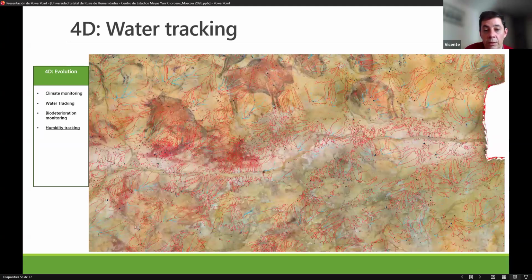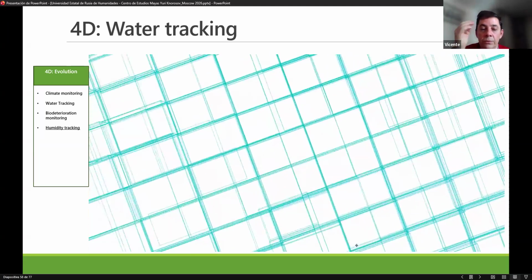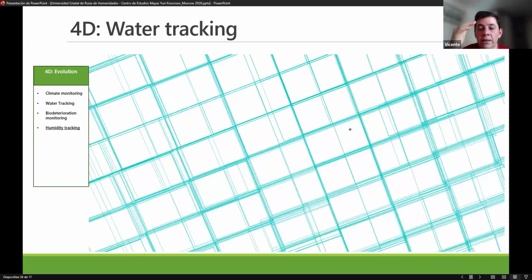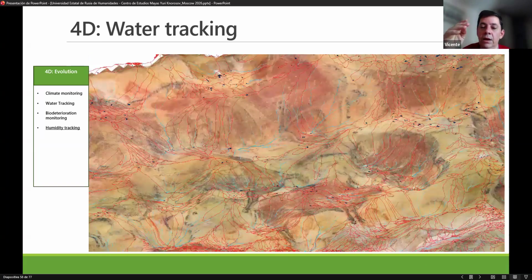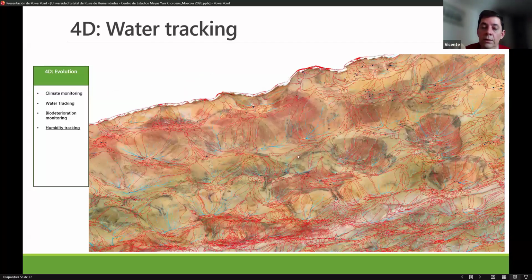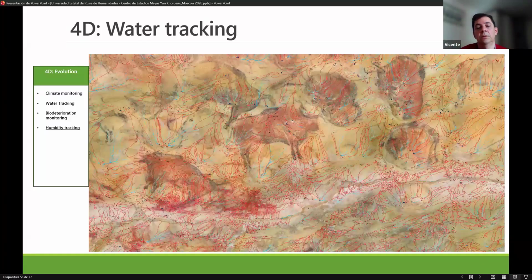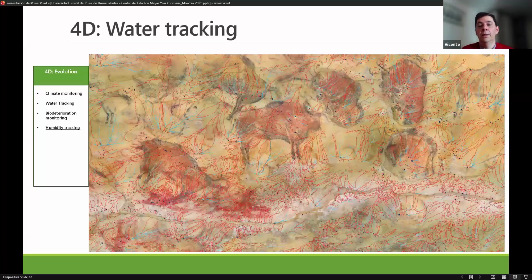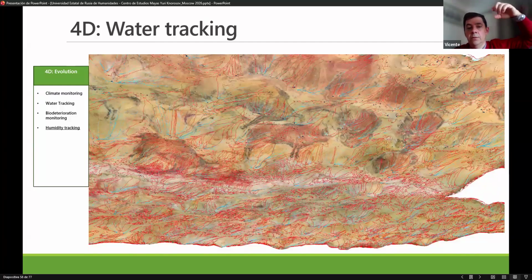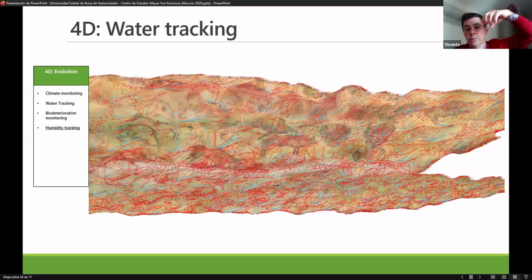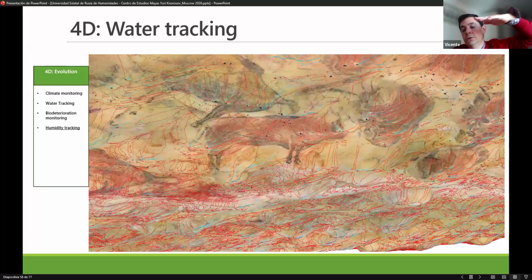You can control living things, you can control non-living things, but you have to control water. So in Altamira, we have a very particular case, that is, we have a roof. The roof has these shapes, these deformations, and we have the problem that water comes from the outside through the overlying thickness layer, and it appears in the fractures of the ceiling.